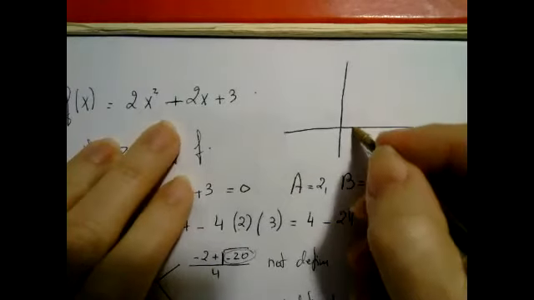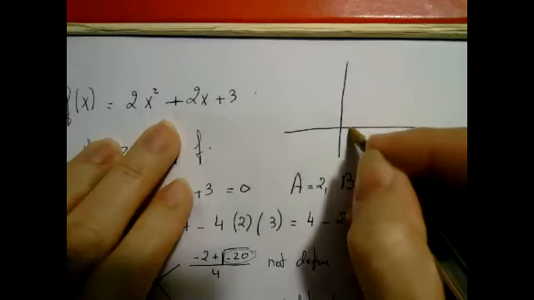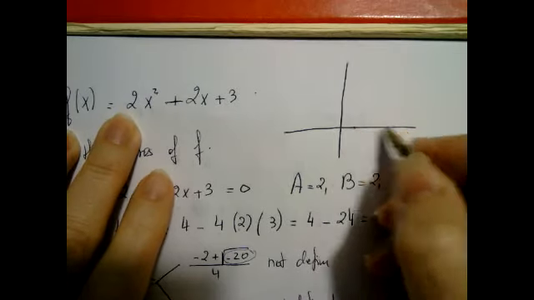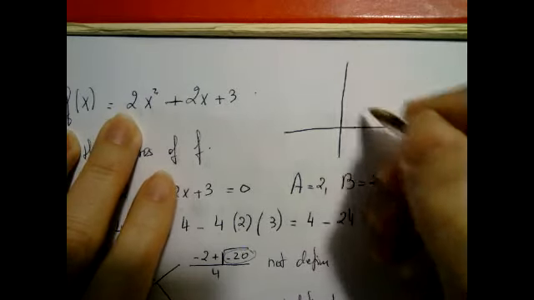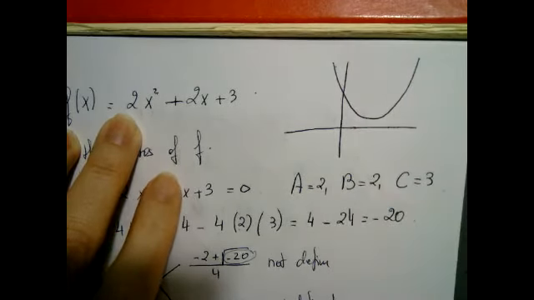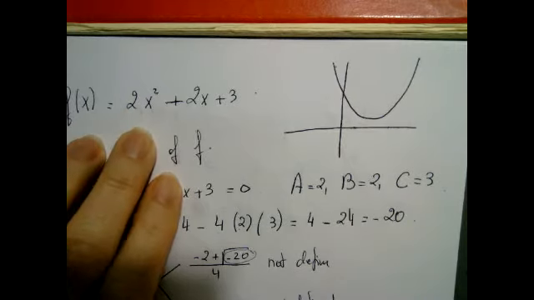Here there are no solutions. So first it's a parabola going up. It will not touch this line, so the only way the graph can look is something like this. And that's really the graph of this function. It's all above the x-axis.